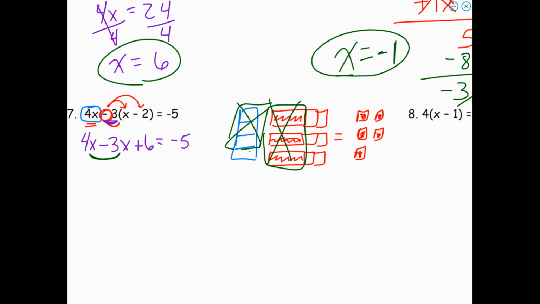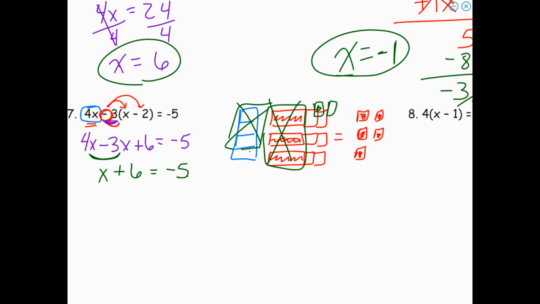So that leaves us just a positive 1x, plus 6 equals negative 5. Why? Because you got to zero them out. We got to zero these out over here.